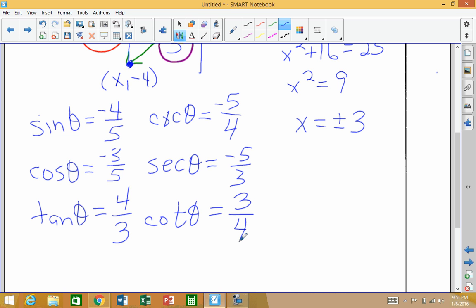Okay, so that's it. That's the 6 trig functions of theta. So if you're given a single trig function, you can use your knowledge of SOHCAHTOA. You'll know 2 of the sides, and then find the third using Pythagorean theorem to find the rest once you have the third side. So that's it for today. We will see you next lesson.